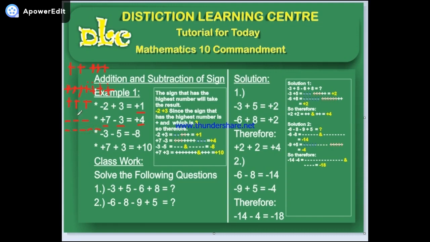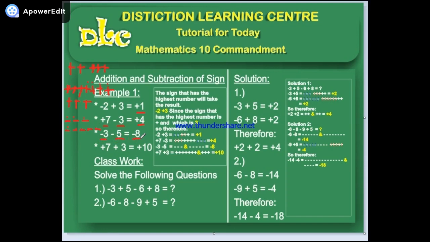Now count the total minus together. That is 1, 2, 3, 4, 5, 6, 7, 8. So minus 3 minus 5 will give us minus 8. Very simple. I did not know that this particular commandment is very simple like this.